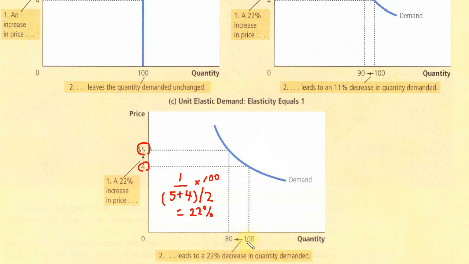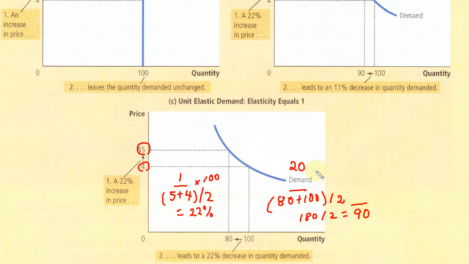And then what about this one? 8 plus 10 divided by 2, and we have 20. Then the midpoint of this is 117 divided by 2, equal midpoint 90, right?